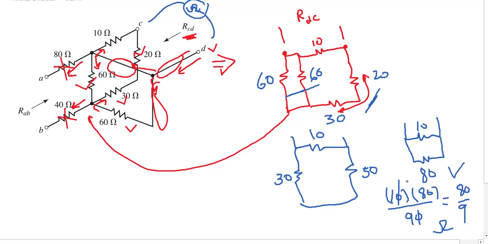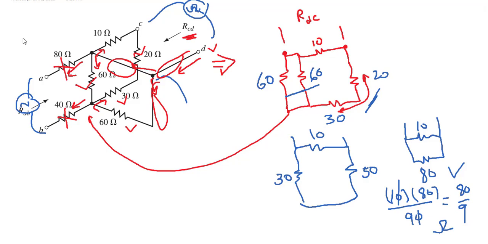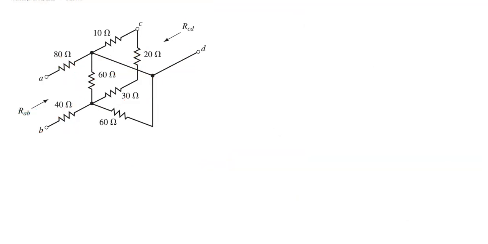Now what if we change and we put the ohm meter on the other side? If you go to the lab, maybe you can try this one, or you can use Multisim to try it. What is the reading of that ohm meter? So let me clean up.